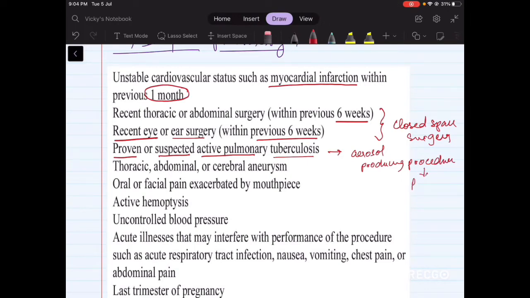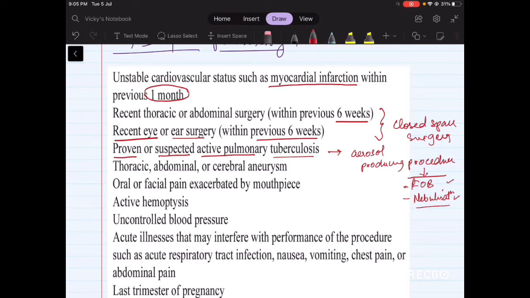That is fiber optic bronchoscopy, and nebulization. So you have to be very careful when you are suspecting tuberculosis, or community acquired pneumonia, while doing spirometry, fiber optic bronchoscopy, and while giving the patient nebulization. Such patients usually require isolation.